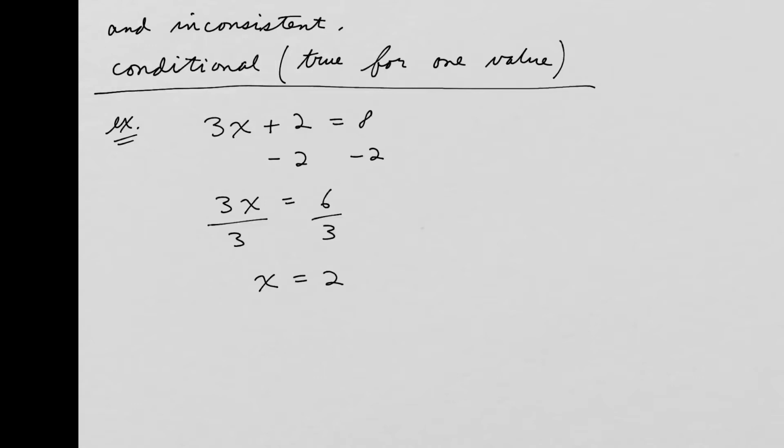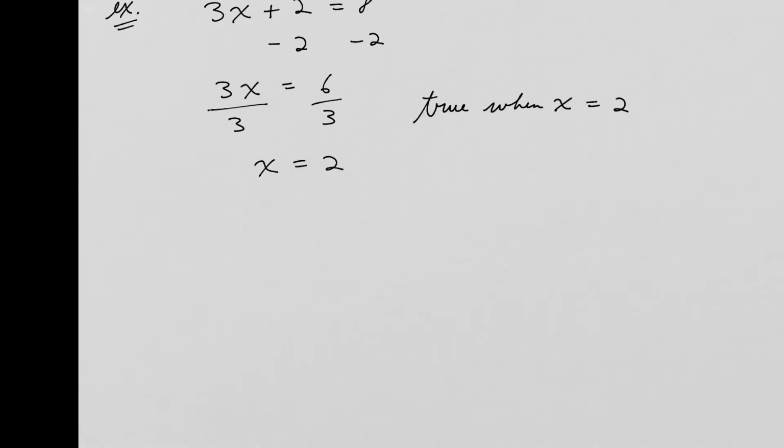Okay, so basically we're saying it's true when x is equal to 2. So that's the condition. x has to be 2 and then it's true. Okay, identity is the second classification.